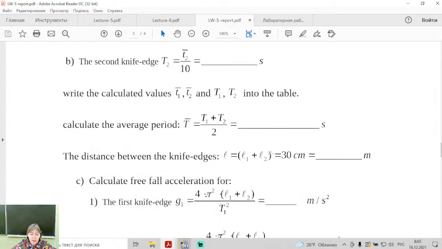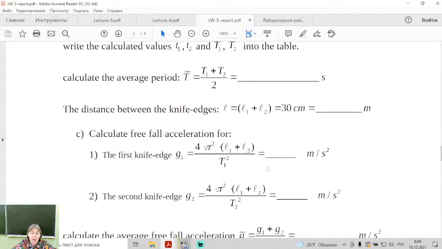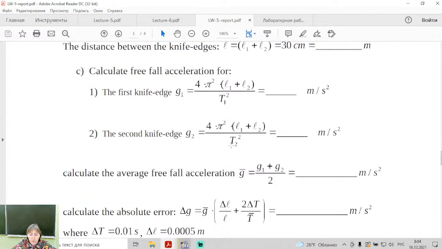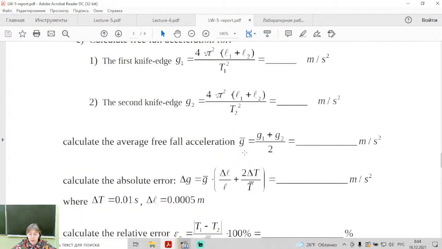And then you have to calculate the average period in seconds and calculate free fall acceleration. Use this formula to calculate free fall acceleration for the first period, the second period, and the average.